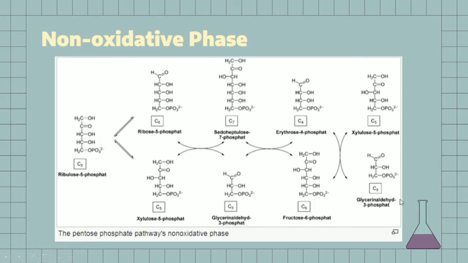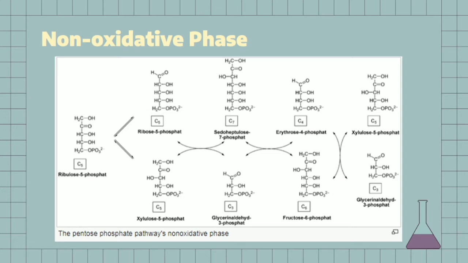In the fourth process, we will use the same enzyme as in the second process, which is the transketolase. We will use again the erythrose 4 phosphate, which is a product of the third process, and again, as I said earlier, we will use the xylulose 5 phosphate that comes from the first process.